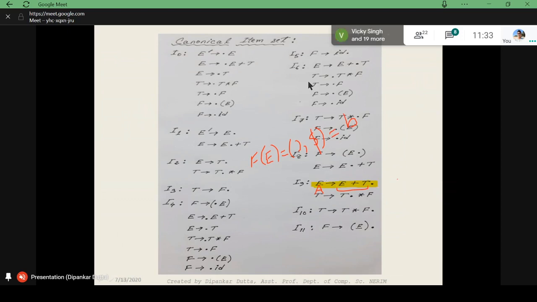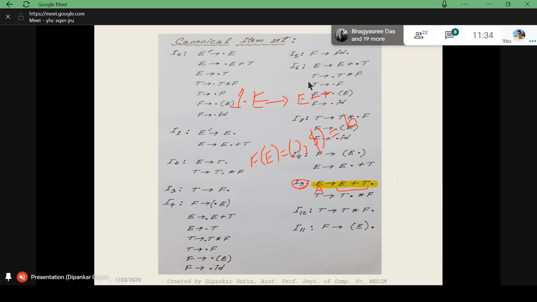What is the number of this production in the grammar? E implies E plus T is the first production, and the second production is E implies T. So in I9, against B, what do we have to write?